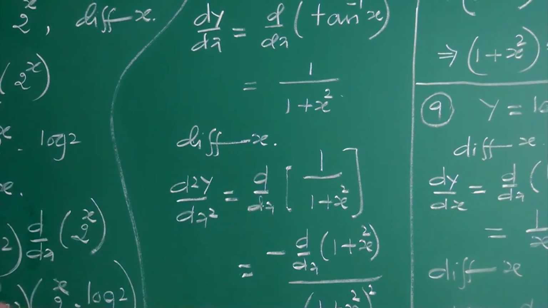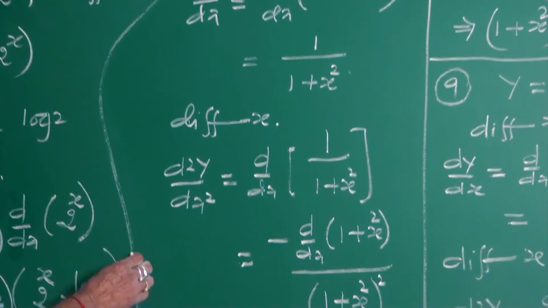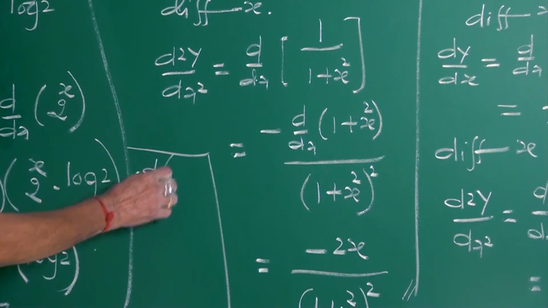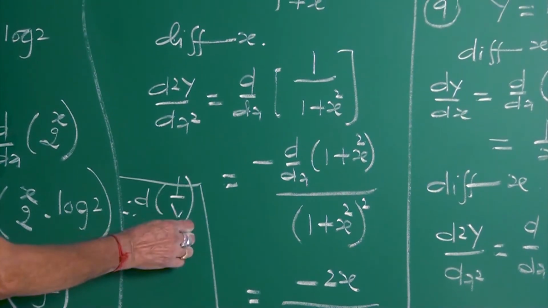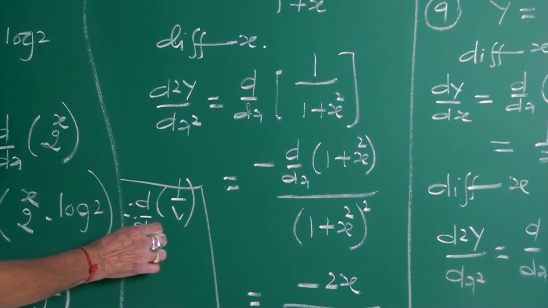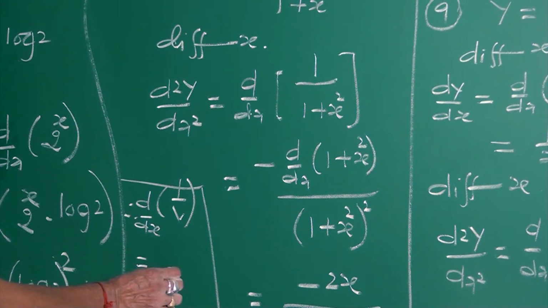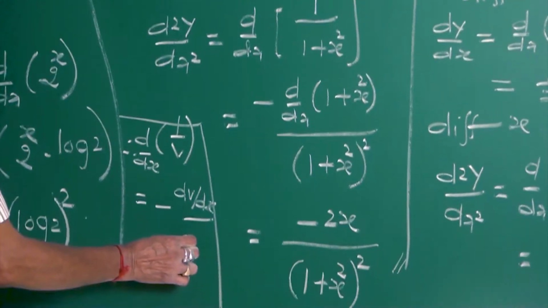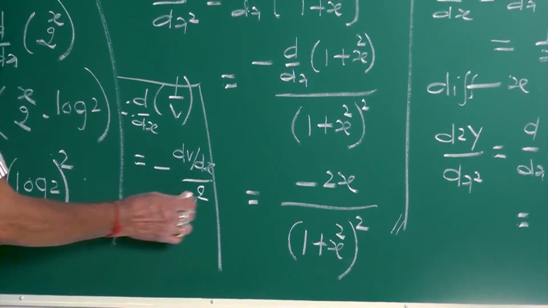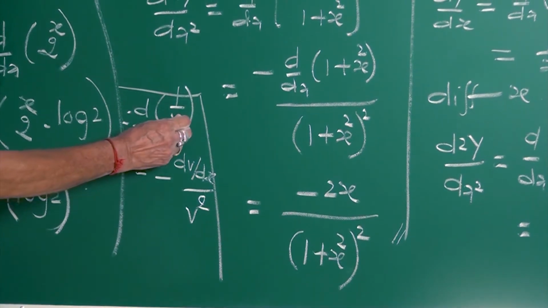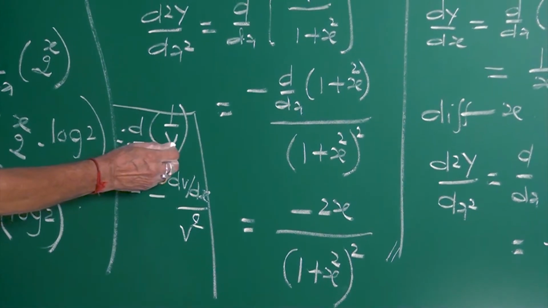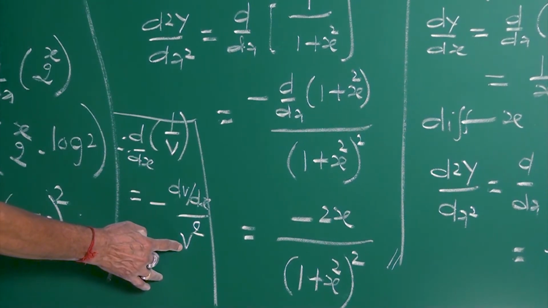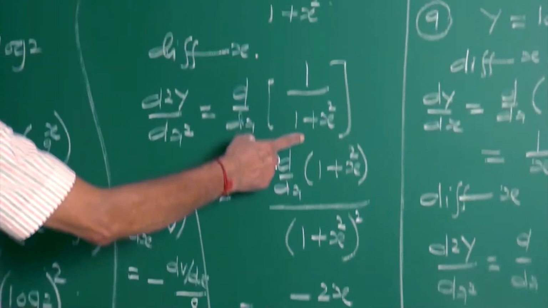1 by phi, my friends, if wanted, I just remind here. The derivative of 1 by phi with respect to x is minus d phi by dx upon phi square. Minus the derivative of denominator upon square of the denominator. 1 upon 1 plus x square.